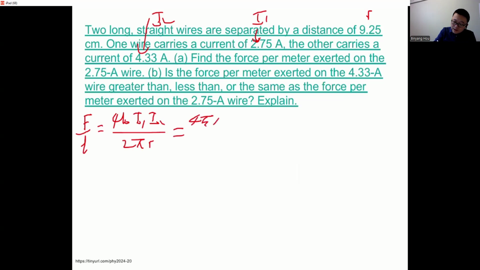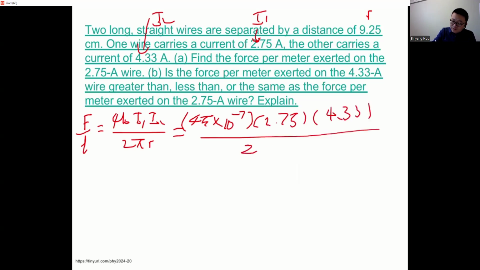Mu naught is 4 pi times 10 to the -7, I1 is 2.75, I2 is 4.33, divided by 2 pi times R, 9.25 centimeters, converted into meters is 10 to the -2. The pi and pi will cancel again, and 4 and 2 will partially cancel, so you just need a 2.